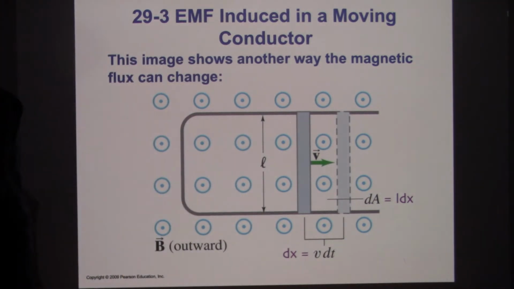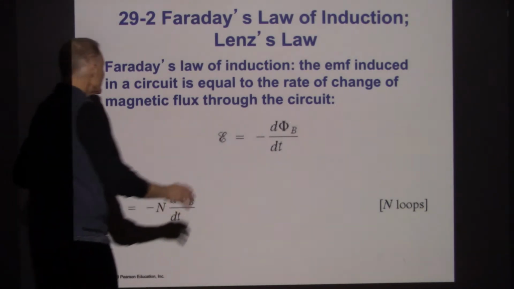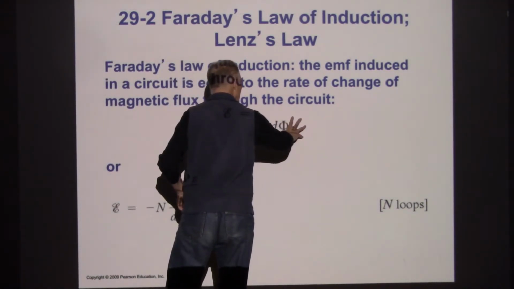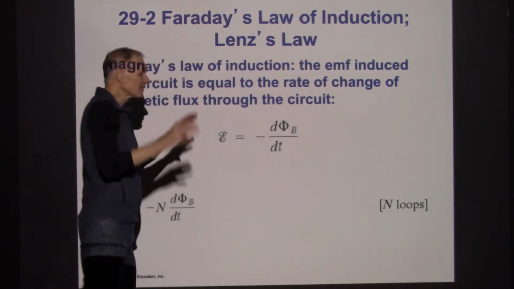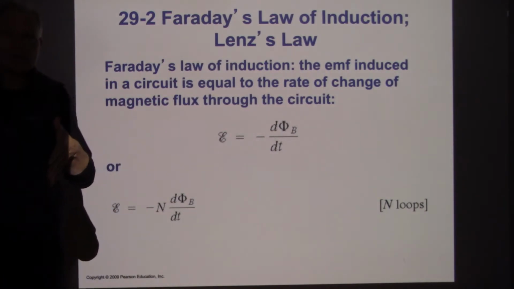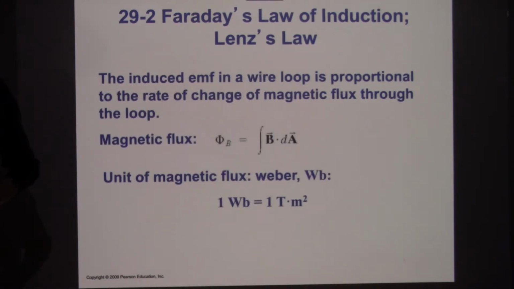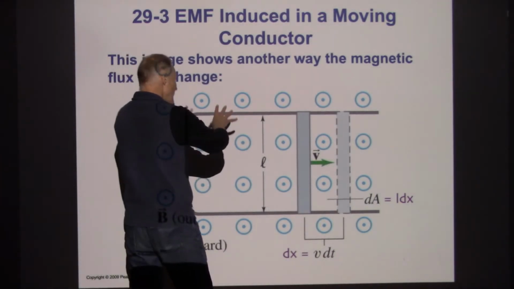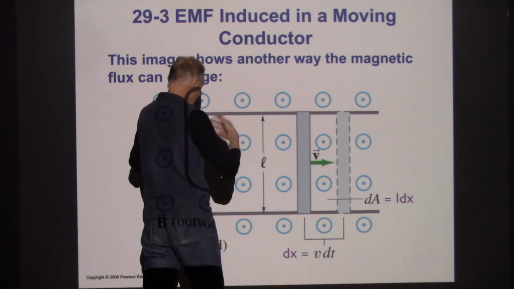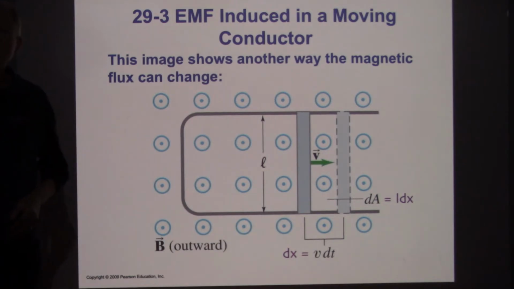Now, Faraday's law says that if we take the magnetic flux and find out how it's varying in time, so it's not just the value of the flux that tells us how much EMF will generate, it's how rapidly is that flux varying. So this is kind of remarkable that Faraday's law can actually measure a certain amount of flux, see how it's changing, and that actually is going to be related to how much EMF is generated.